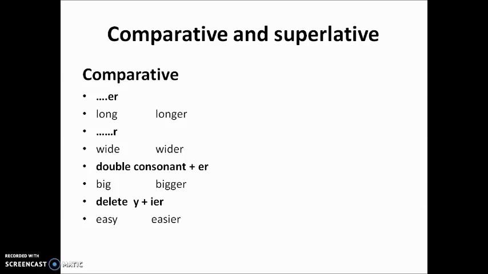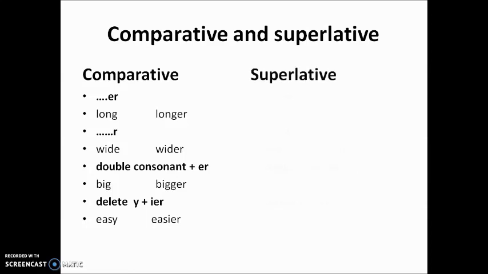For example, wide, it becomes wider. And for adjectives that have one vowel followed by one consonant, we double the last consonant. For example, big, it becomes bigger. And for adjectives that end in y preceded by a consonant, we delete y and add ier. For example, easy, it becomes easier.